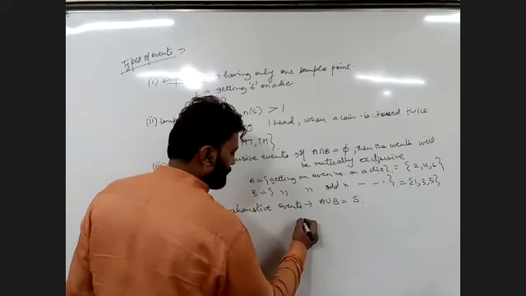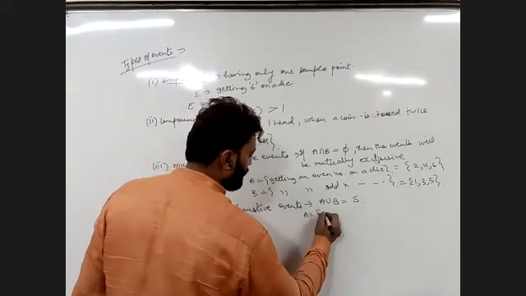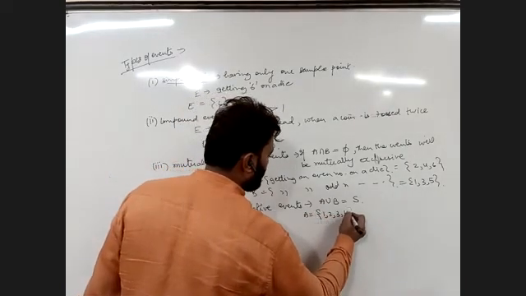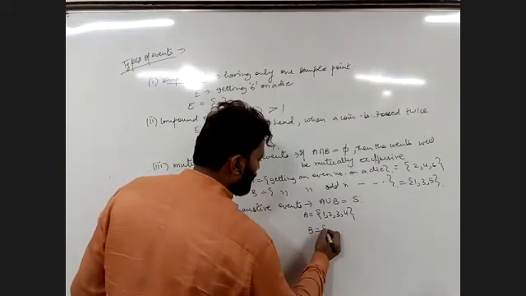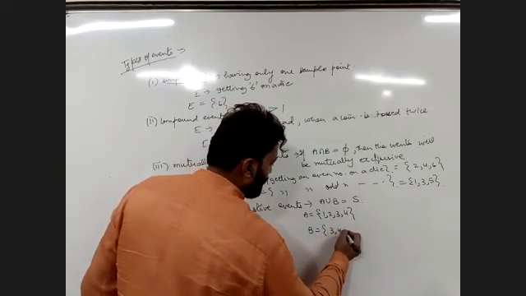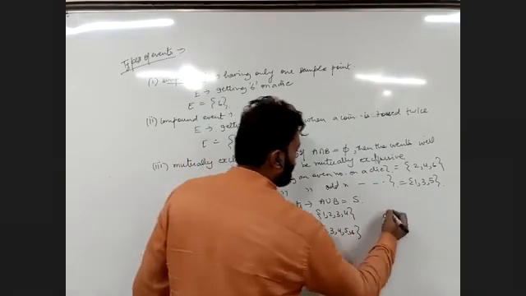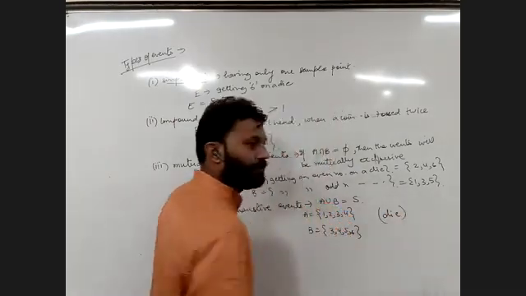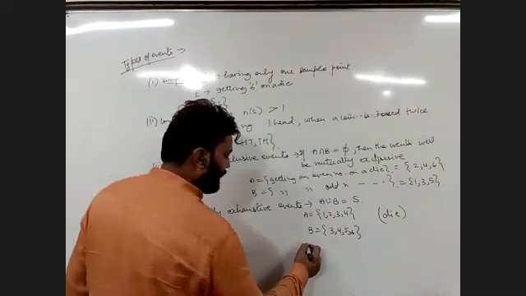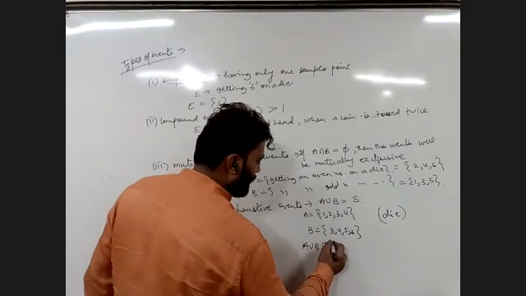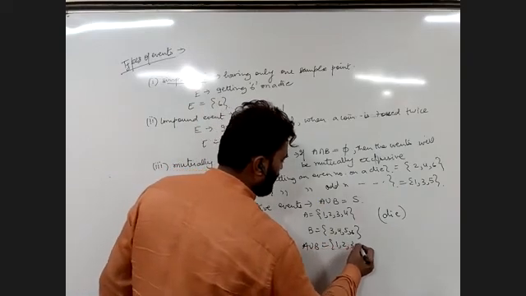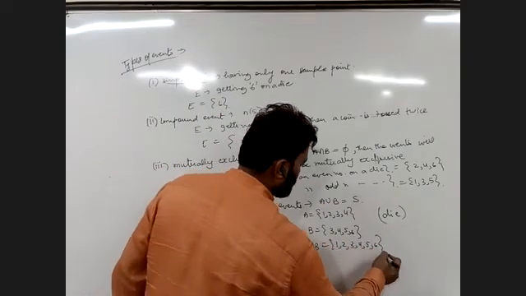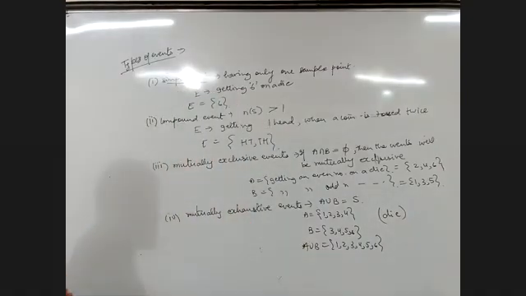So, for example, A equal to 1, 2, 3, 4, B equal to say 3, 4, 5, 6, and we are talking about a die. So if you see, A union B will be equal to 1, 2, 3, 4, 5, and 6, so it is forming the sample space.